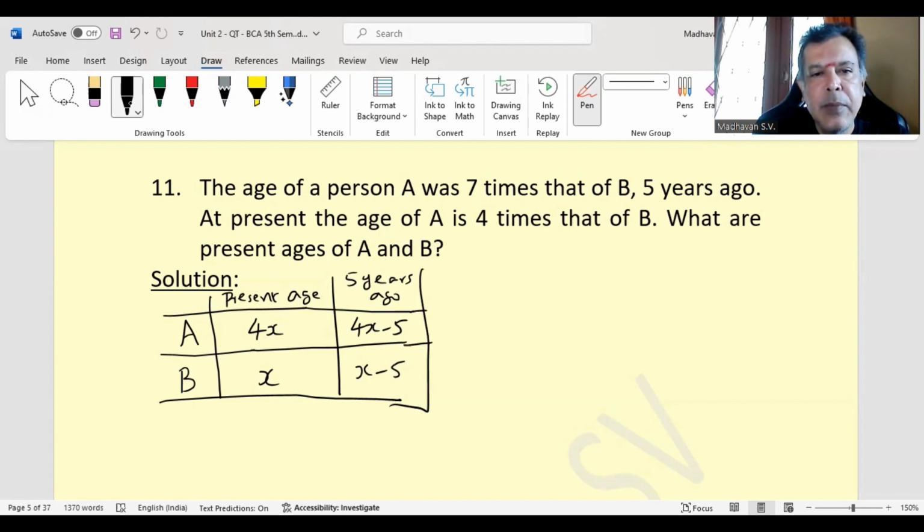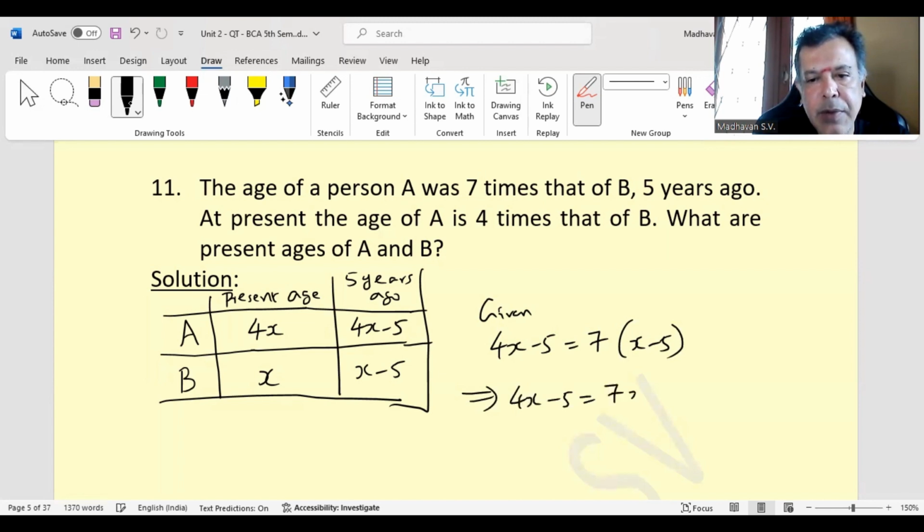Now, what is given? The age of person A was 7 times that of B 5 years ago. So 4x minus 5 is equal to 7 times that of B, so 7 times x minus 5, which means we get 4x minus 5 is equal to 7x minus 35, or 35 minus 5 is equal to 7x minus 4x, which we get 3x.